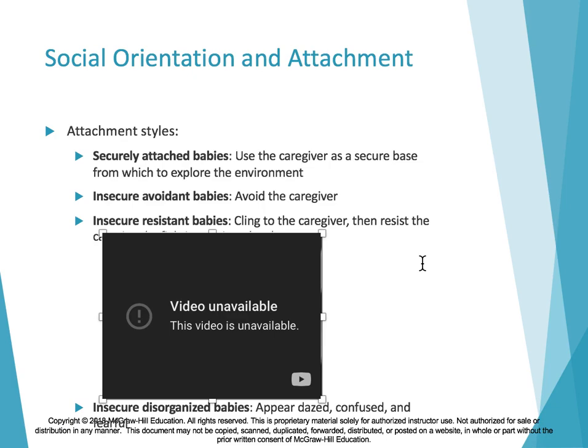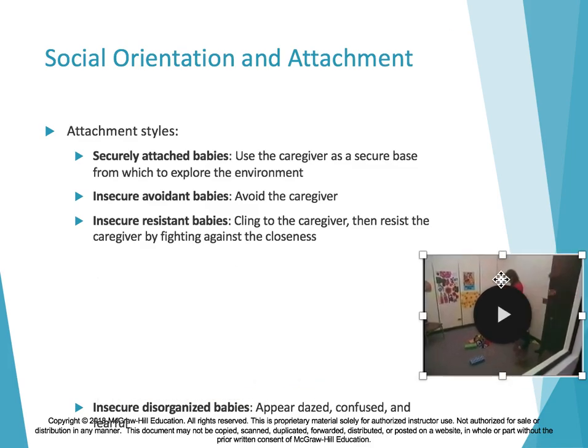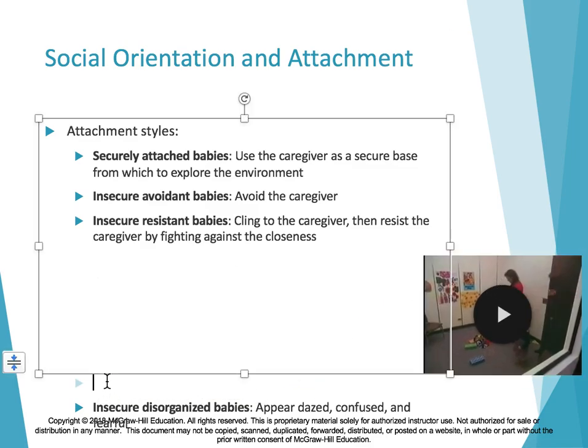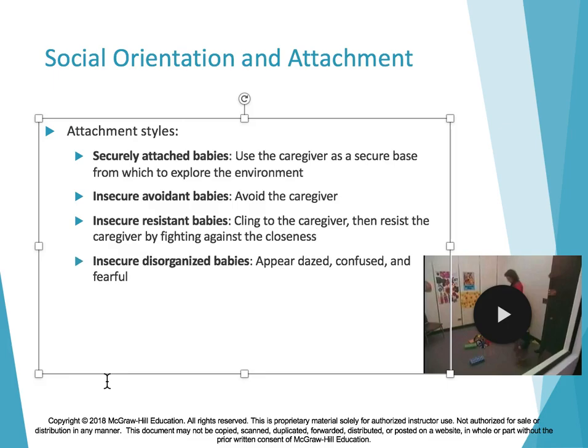It's fine. The other ways, let's see if I can move this so I can make it smaller a little bit. There we go. But there's other ways they can react as well. I know it goes into more detail in your book, but insecure avoidant babies avoid the caregiver when they return.